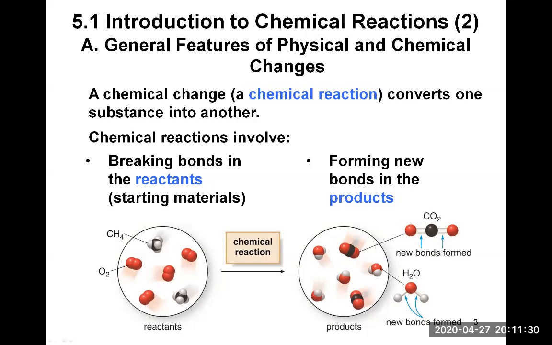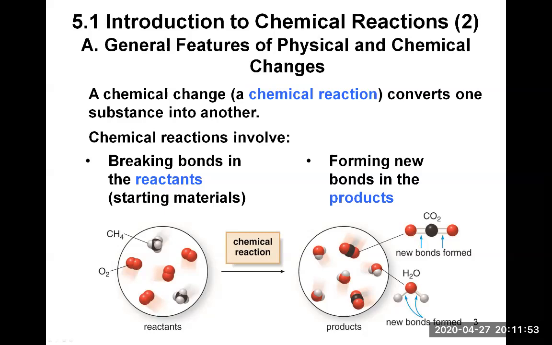And you do that by having a spark, when you have a mixture of methane gas with oxygen gas, if you have a spark, it will ignite, and they will combust. The methane will burn, and you will obtain a product, which are different substances.